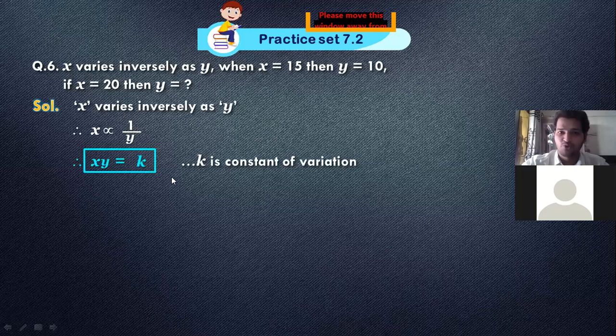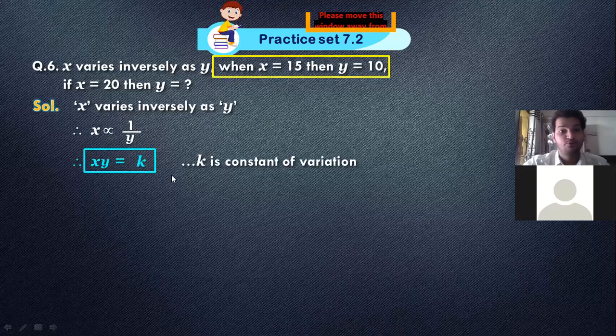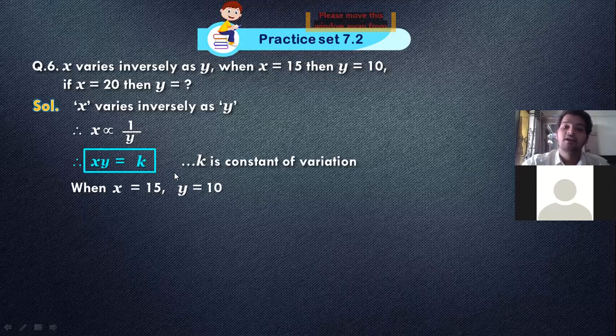Now, you know the value of x and y in the question? Yes, sir, we know that. What is the value of x? 15. Value of y? 10. Very good. So let us substitute those values in equation number 1.